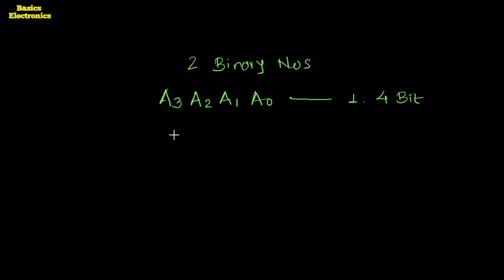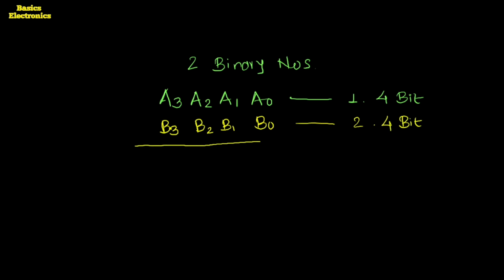We also have the second binary number, and that second binary number is B3, B2, B1 and B0. Again, this number is a 4-bit binary number.